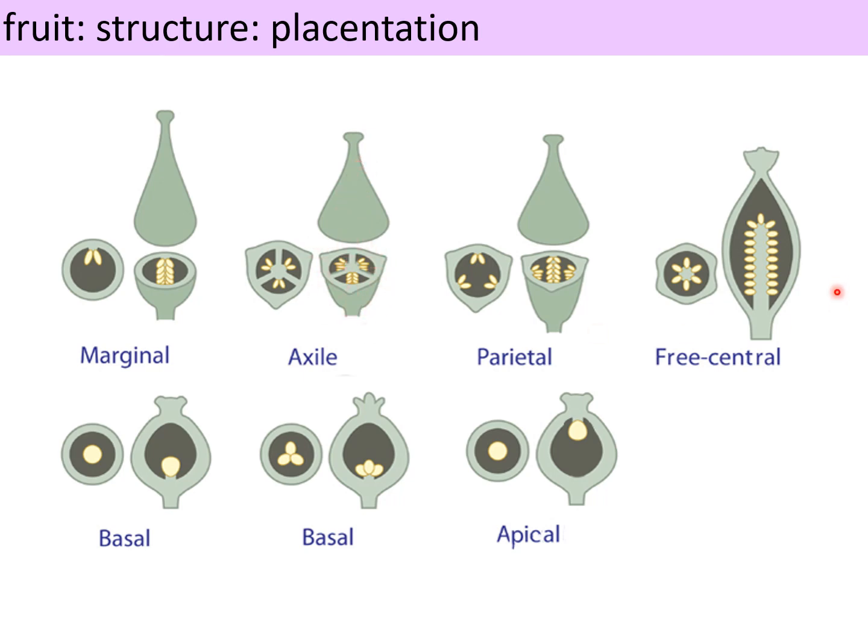So this is how they differ. For basal, the placentation is where the ovule is attached to the base of the ovary like this. How is it different from apical? In apical, the ovule is attached at the tip or the top of the ovary, so the ovule will be close to the stigma. This is apical placentation.